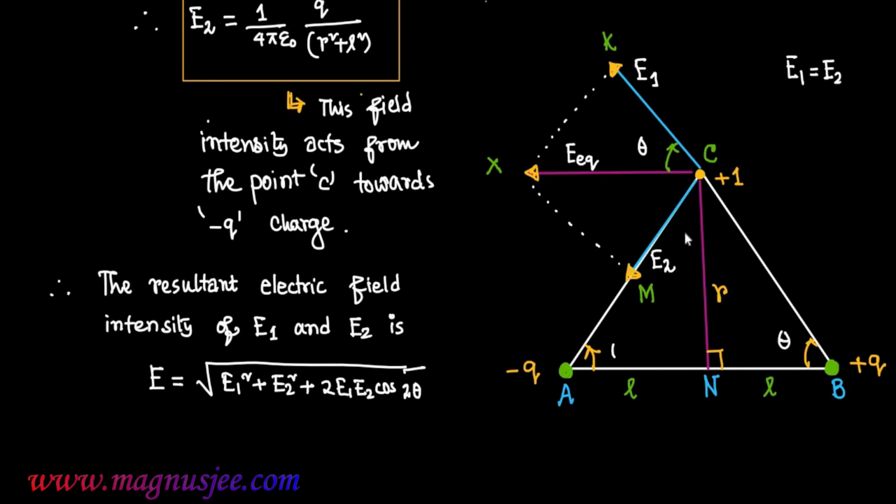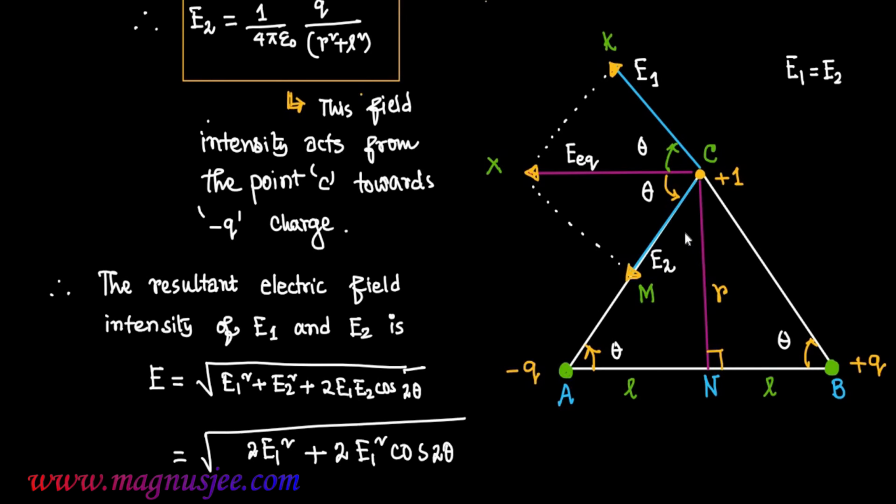Similarly, E1 acts at an angle theta with Cx, and E2 acts at an angle theta with the direction Cx. That's why the angle between E1 and E2 is 2 theta. E equals root over 2 E1 square plus 2 E1 square cos 2 theta, since E2 equals E1.